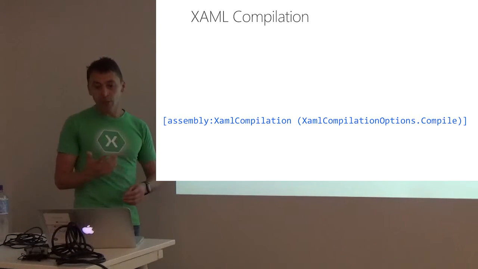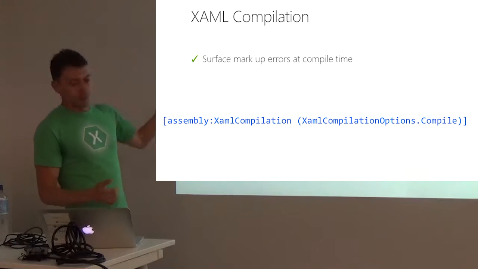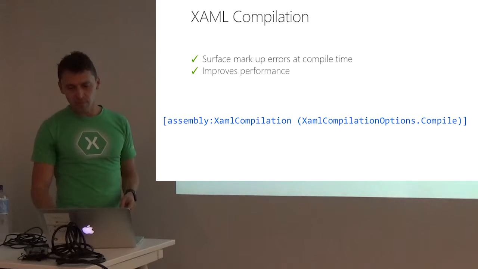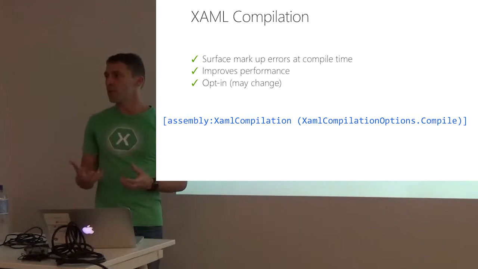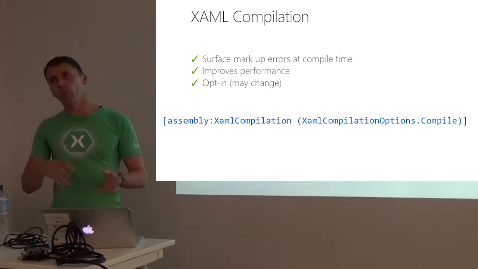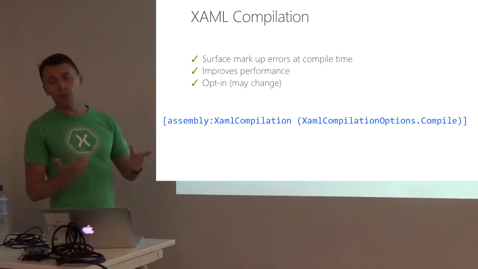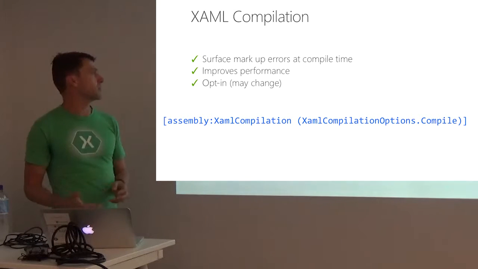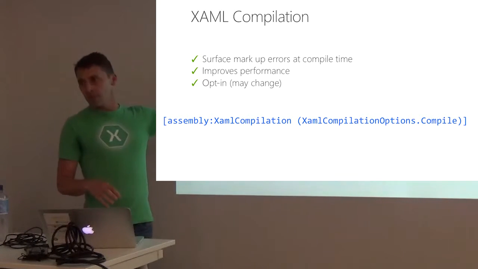So really quickly, touching on how some of those things work or what to do. The XAML compilation, as I mentioned, lets markup errors come up when you're building the app rather than waiting to run it and then getting some error thrown. It improves performance because the graph is compiled ahead of time, and it's opt-in at the moment.